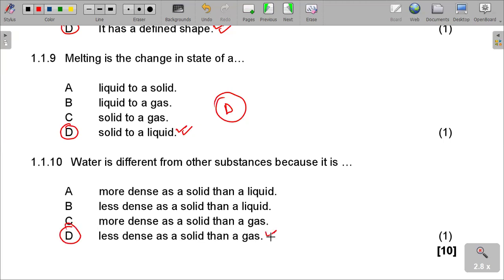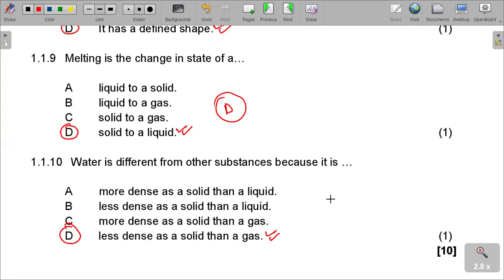Sorry, we are saying number 10. Number 10 actually.